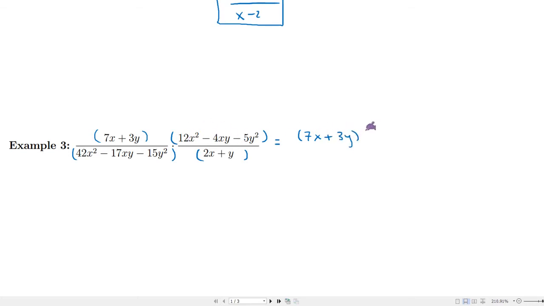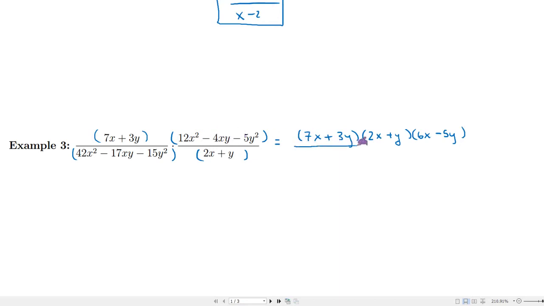This trinomial, by sort of trial and error, looking at these factors, we don't have anything constant-wise that we can factor out, but by trial and error, we'll have 2x and a 6x and a plus y and a minus 5y. It looks like that'll work. So 2x times 6x will be 12x squared, and then minus 5y, and then look at the middle term. So this will be minus 10xy and then plus 6xy. So that'll give us the minus 4xy.